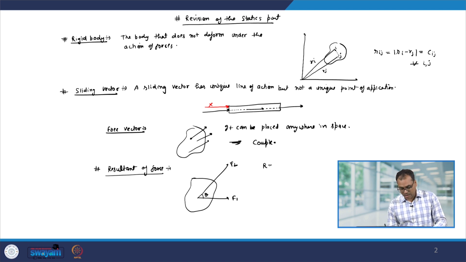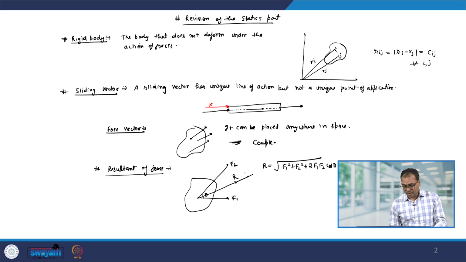Then the resultant R will be square root of F1 squared plus F2 squared plus 2 F1 F2 cos theta. The angle that it makes from F1, let us say it is alpha, then tan alpha will be F2 sin theta over F1 plus F2 cos theta.